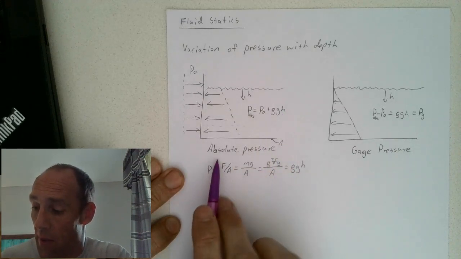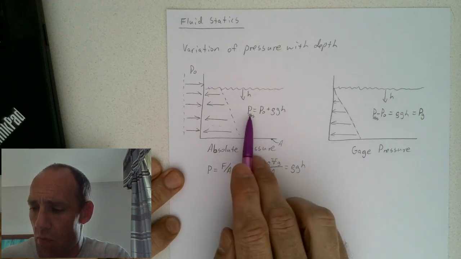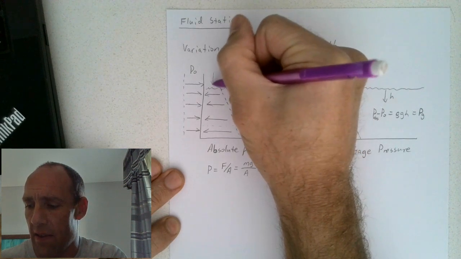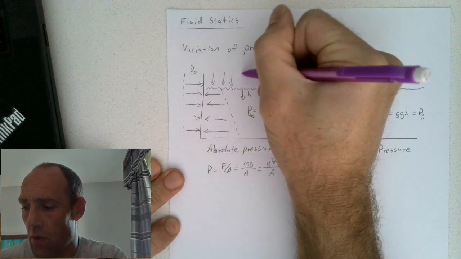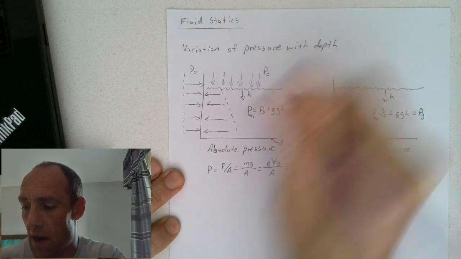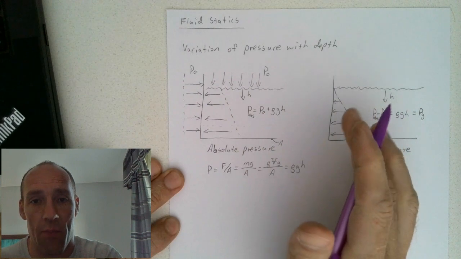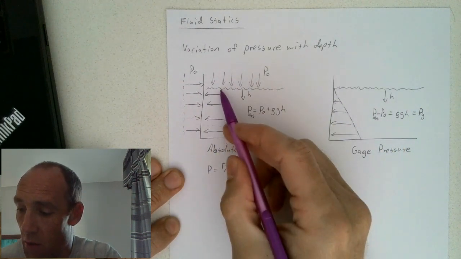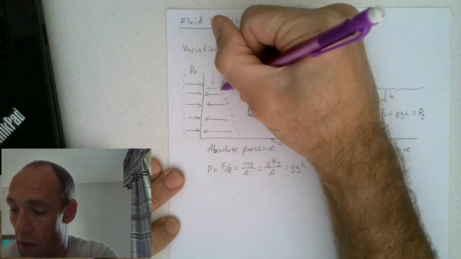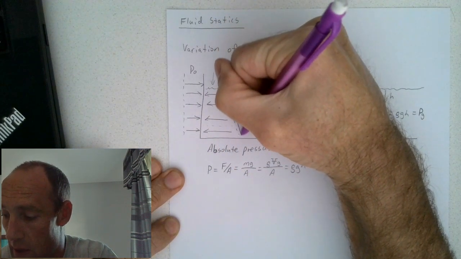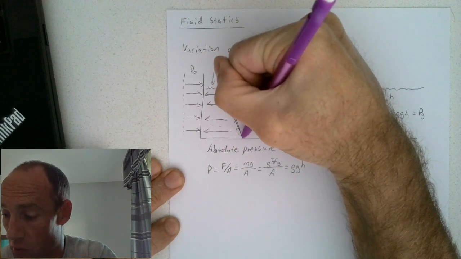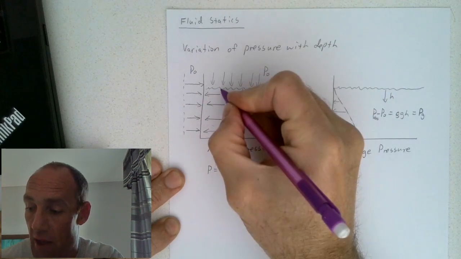Now, what is meant by absolute and gauge pressures? There's an atmospheric pressure acting along every surface in this thing. So this is again P naught, which is basically the atmospheric pressure. This line here is an indication of the pressure, but it doesn't start at zero.